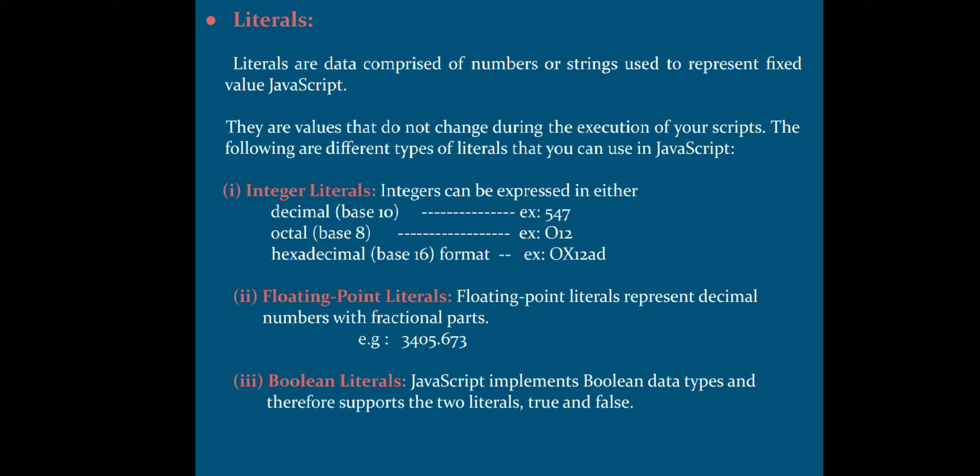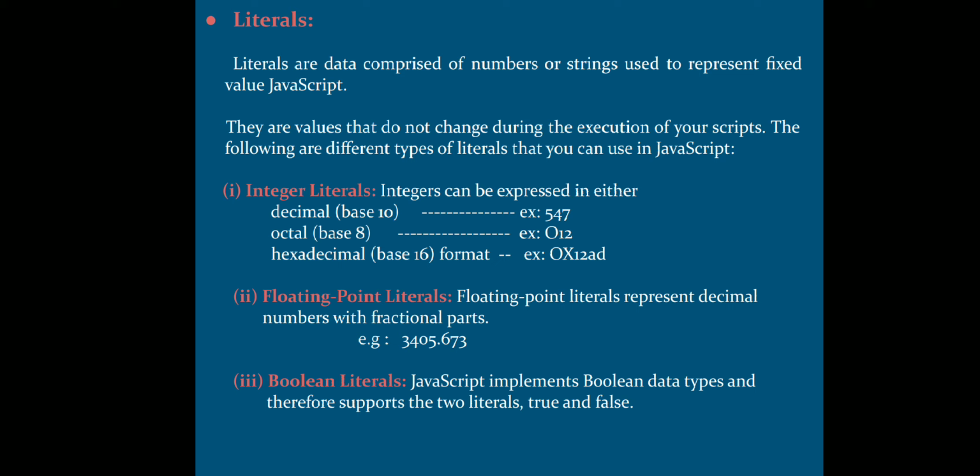Here, for example, let me take 547. I can't say whether it is an octal integer constant, decimal integer constant, or hexadecimal integer constant, because 547 can be a decimal, it can be an octal, or it can be a hexadecimal.